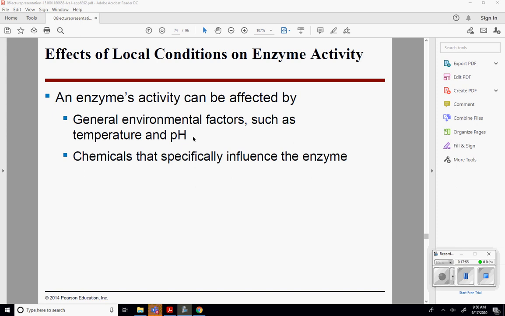Or changing the pH, maybe spritz a little bit of lemon on there, changing it to more acidic, and so it denatures those enzymes, keeping the apple from oxidizing. And then there's also chemicals that specifically influence the enzyme.